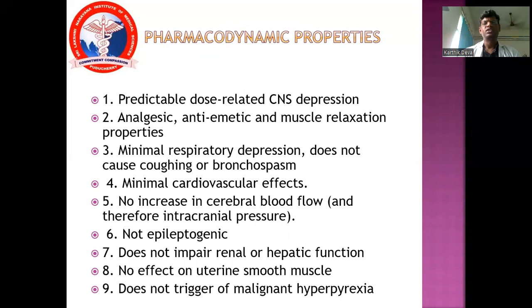Minimal cardiovascular effects, no increase in cerebral blood flow and therefore intracranial pressure. It should not have any epileptogenic property and not impair renal or hepatic function. No effect on uterine smooth muscle, and it does not trigger malignant hyperpyrexia.